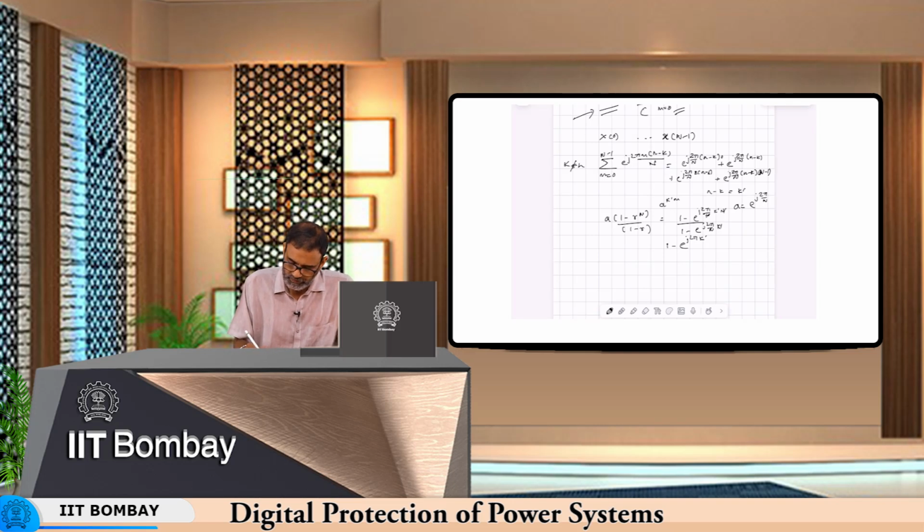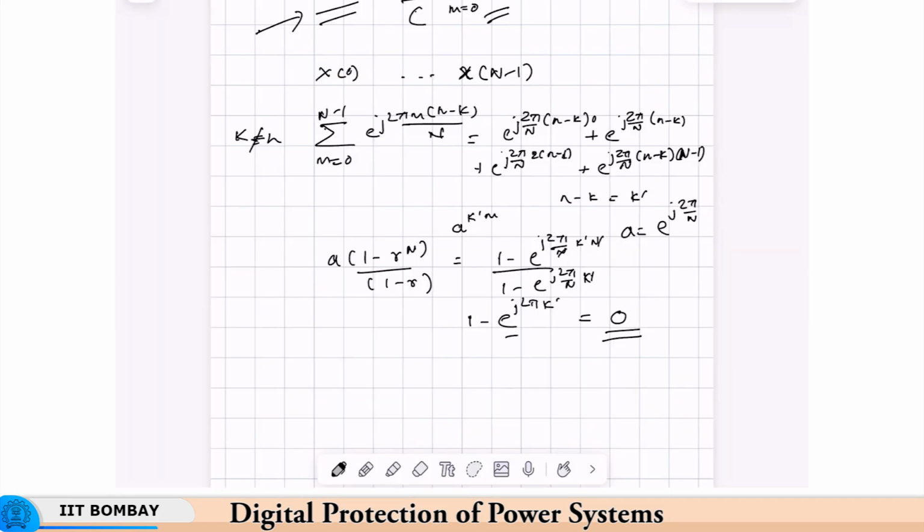So, this evaluates to 1. So, you have 0. Okay. So, what in effect you have done is you have got back only the sample that you are interested in, all the other terms will evaluate to 0. Okay.